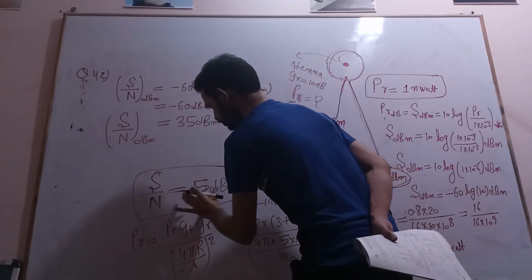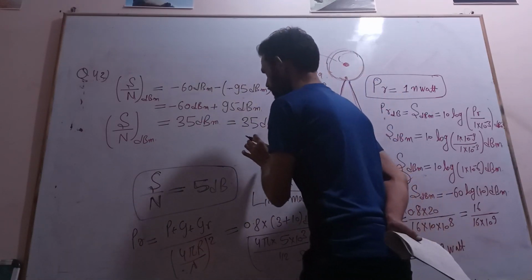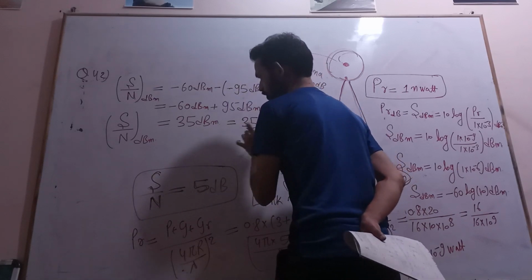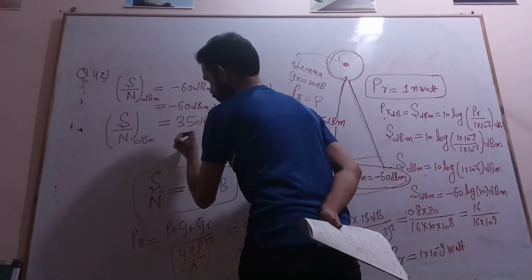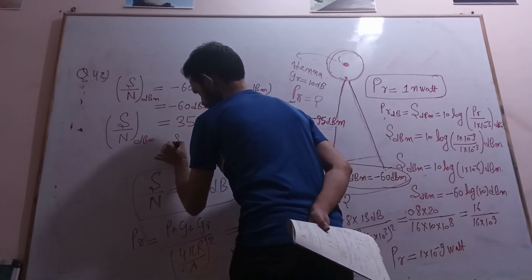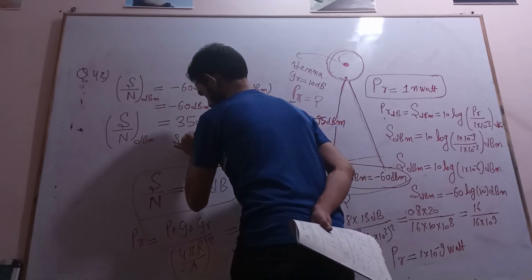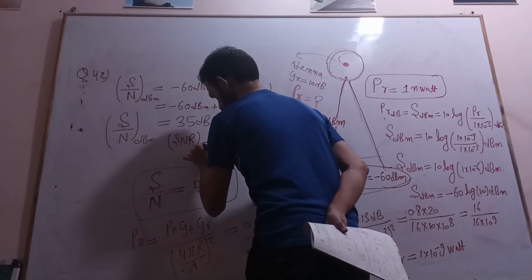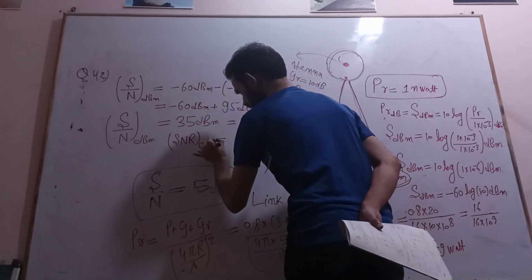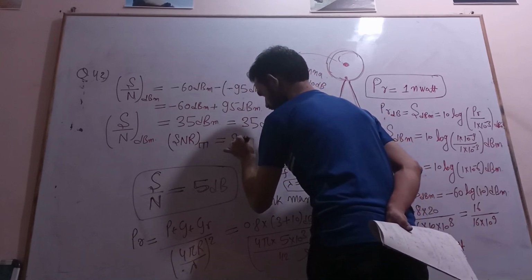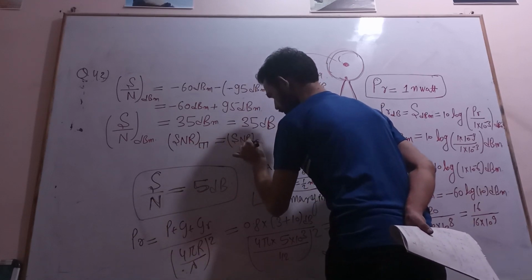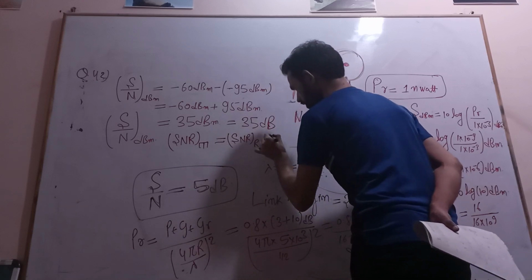Now the required signal to noise ratio is 5 dB. So how much we got is over total signal to noise ratio. Yes, this is my total SNR. Total SNR is equal to SNR required plus link margin.